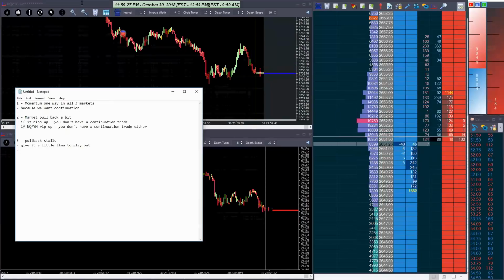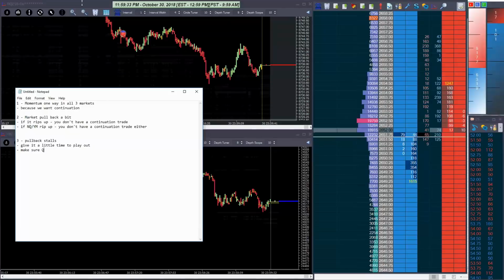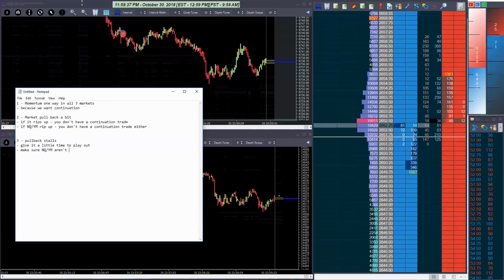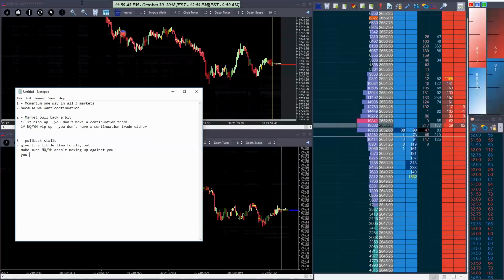Make sure NQ, YM aren't moving up against you. You really want NQ, YM stalled.